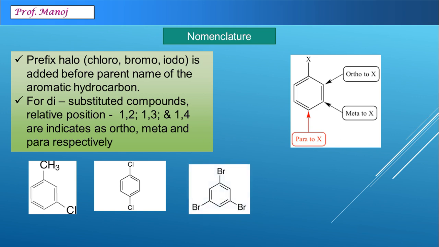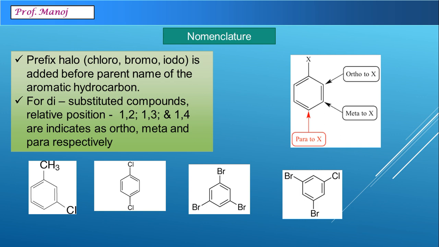Now this becomes a tribromo derivative. So we can write this as 1,3,5-tribromobenzene. Since the compound is quite symmetrical, this is also labeled as sym-tribromobenzene in the common system. Here you can see now the numbers are to be given in alphabetical order.